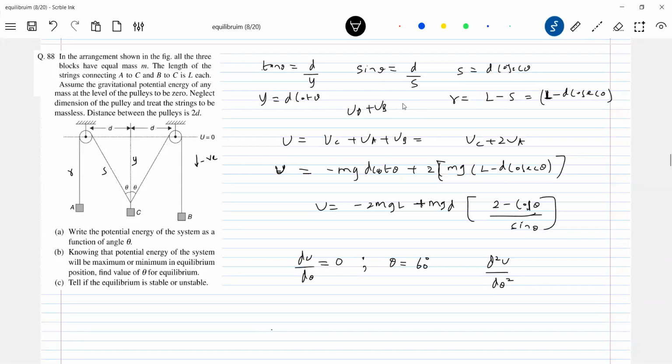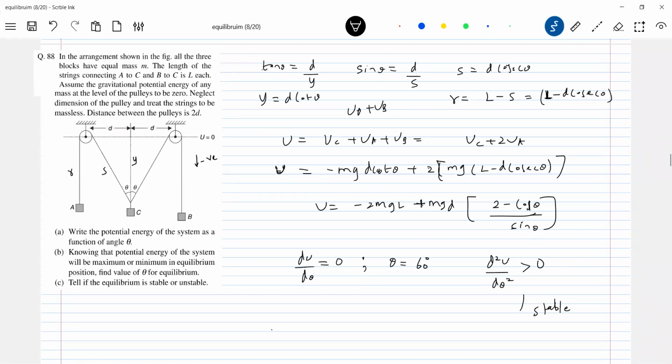Check d square u by d theta square, greater than or less than 0. Is it greater than 0? I think definitely, substitute, differentiate twice, put theta equal to 60 degrees, it will come greater than 0. If it's greater than 0, what do you mean by that? Stable or unstable? It will be stable.